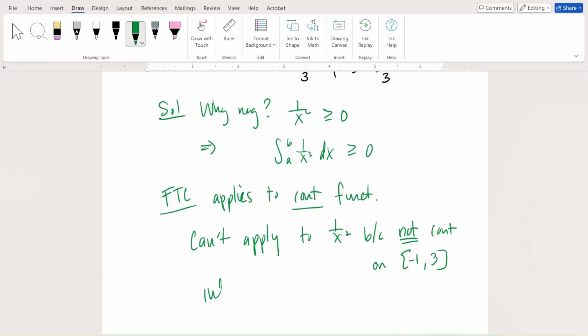There's an infinite discontinuity at x equals 0, because then the denominator is 0. So the integral from -1 to 3 of 1 over x squared dx does not exist. And we'll see that a little bit more in detail later. But that's why we can't apply the fundamental theorem of calculus on this particular example.